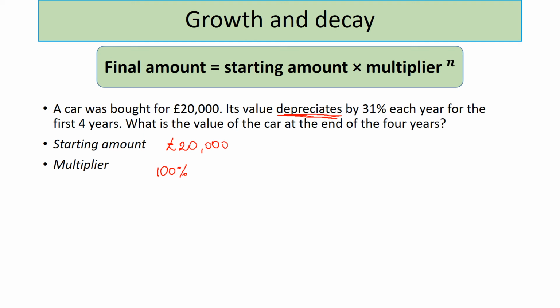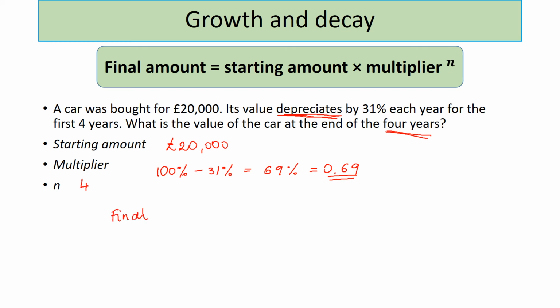So if 100% was the value of the car at the start, then I need to take away 31%, and that is 69%. That's as a percentage, and I need to divide it by 100 to turn it into a decimal. That is 0.69. So this is my multiplier. And final thing, n. Now, we're talking about 4 years here. So n is equal to 4.